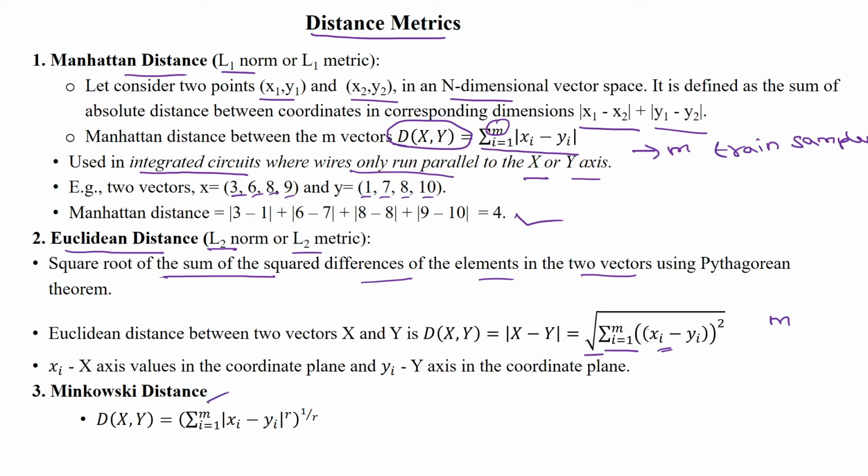Then the third distance metric is the Minkowski distance. It is similar to the Euclidean distance, but we have to select an r value in the power. This r value determines the power of the distance coordinates.